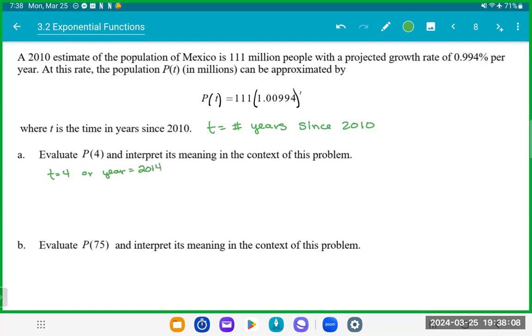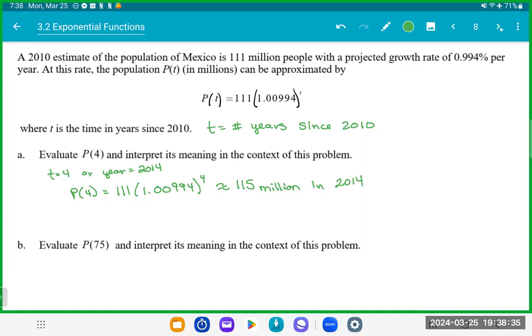Okay, so if we look at that, p of 4 equals 111 times 1.00994 raised to the 4th. That's approximately 115. So there's 115 million approximately in 2014.